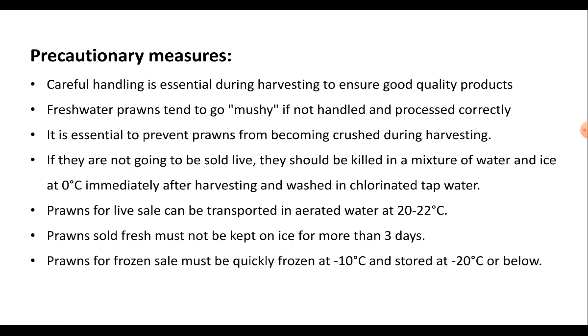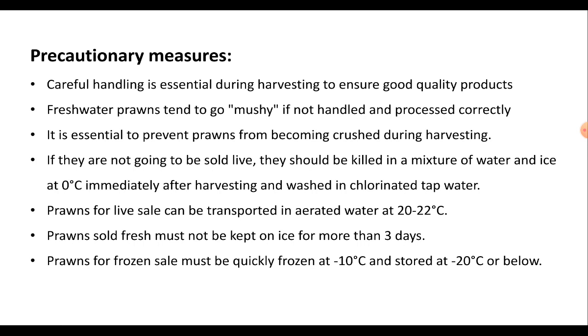Secondly, if they are not going to be sold live, they should be killed in a mixture of water and ice at 0 degrees Celsius immediately after harvesting and washed in chlorinated tap water.